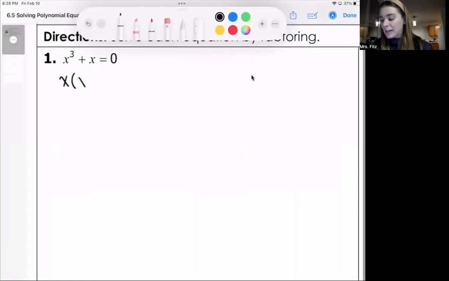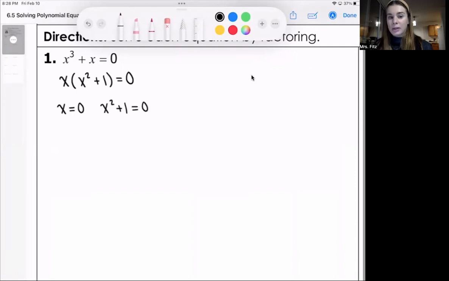Then I'm left with x squared plus 1 is equal to 0. From there, I can't really factor much more, but I can set each factor equal to 0 and solve. So I'm going to set x equal to 0. I'm also going to set x squared plus 1 equal to 0 and solve.